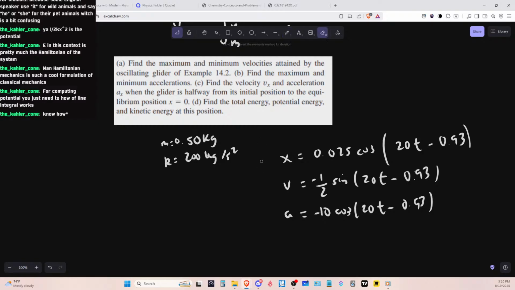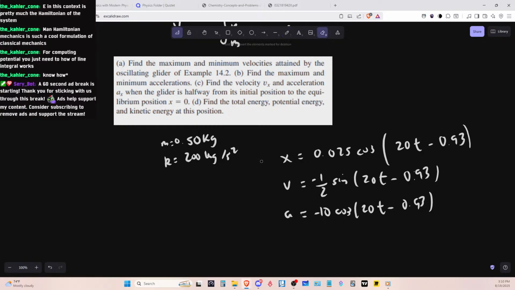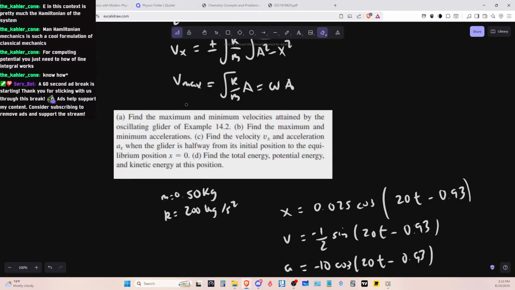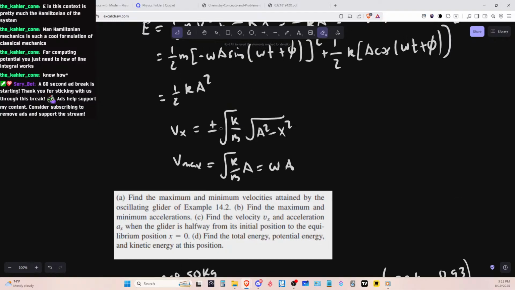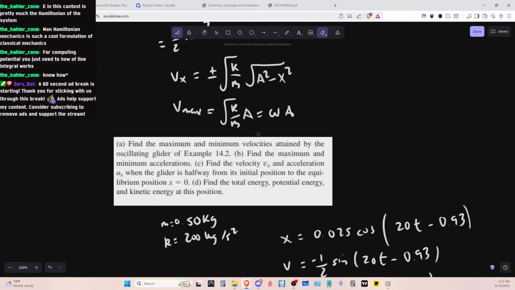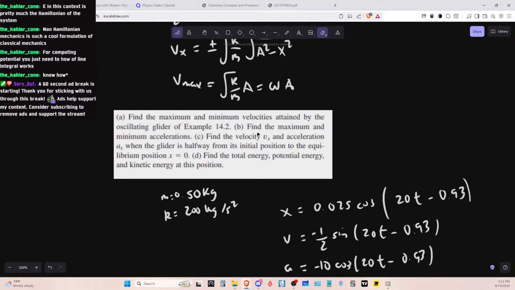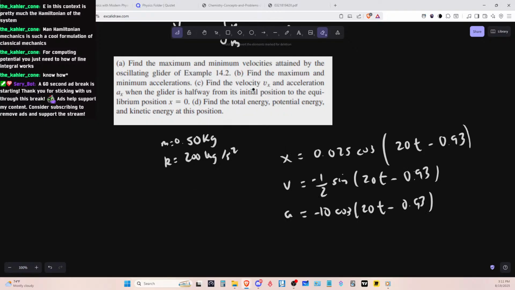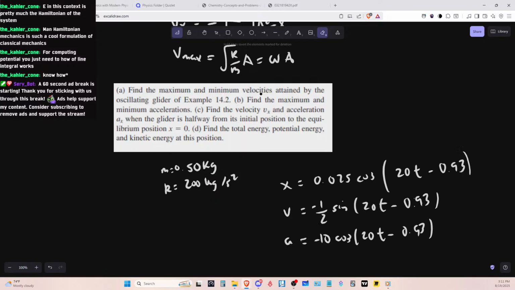Erase this part here. Find the maximum and minimum of the acceleration. So we have to find the maximum and the minimum velocity. So in this case, we already have omega, so we can find the max velocity.